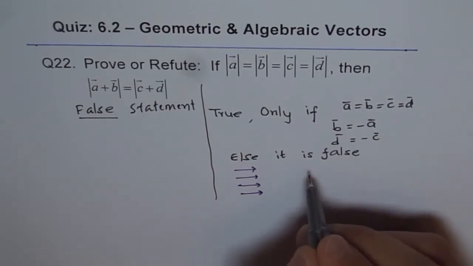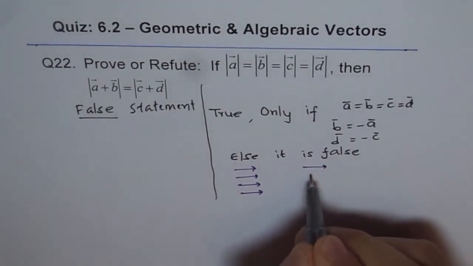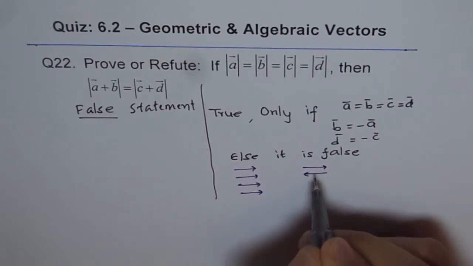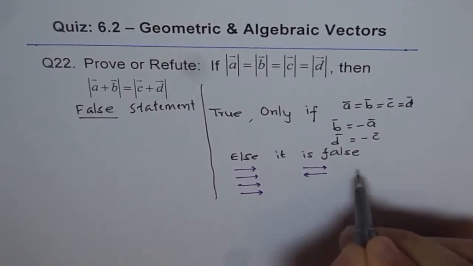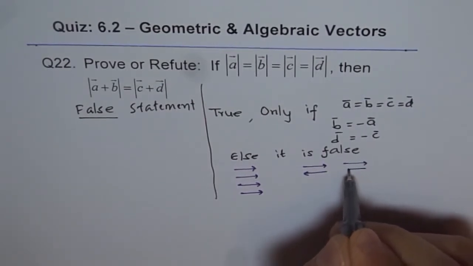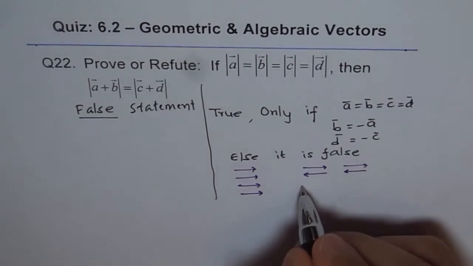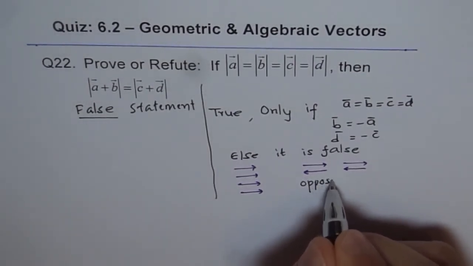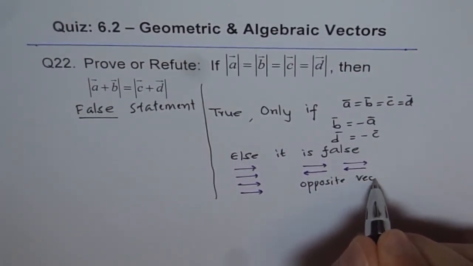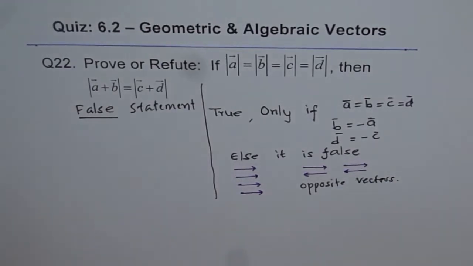The other could be that this is A for us and B is this. Then A plus B will be 0, and this is C and this is D, and C plus D is 0. That is, we have sets of opposite vectors. Then it is true.